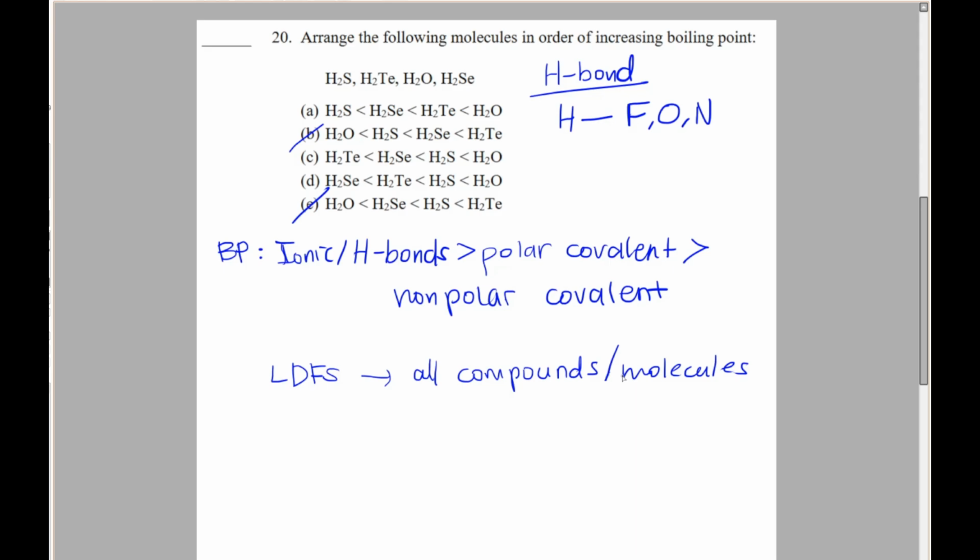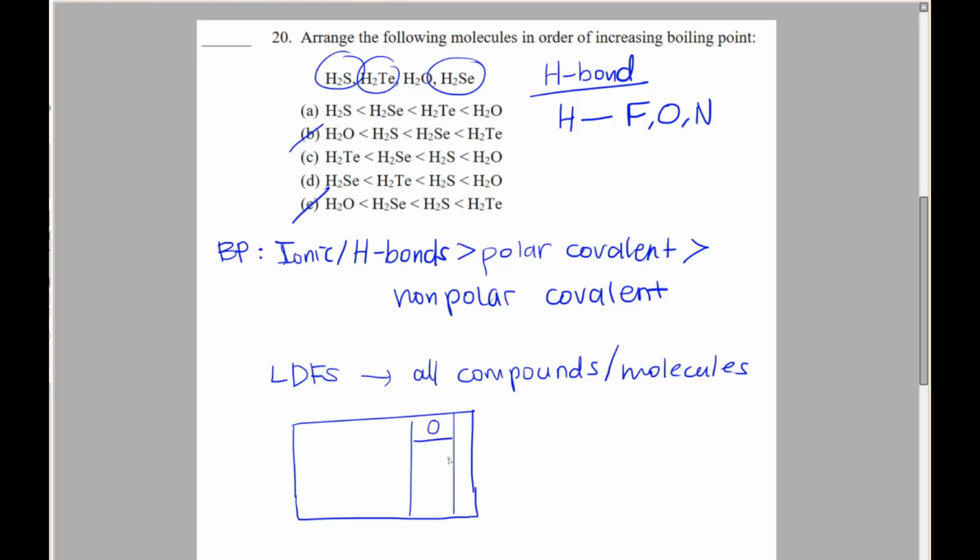And to figure out which ones are more massive and which are less massive, we have to look to the periodic table. For these other 3 that we still need to order, we see that oxygen is in the second period. Then we have sulfur, Se, and Te. So the mass increases as you go down a group.